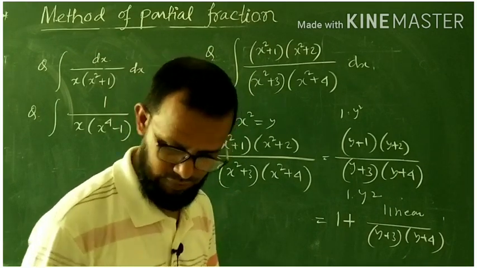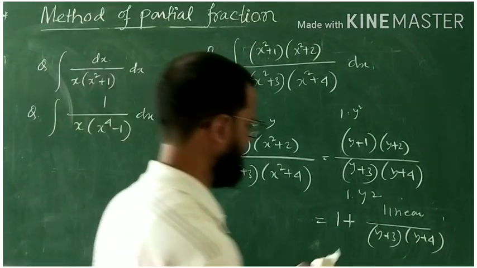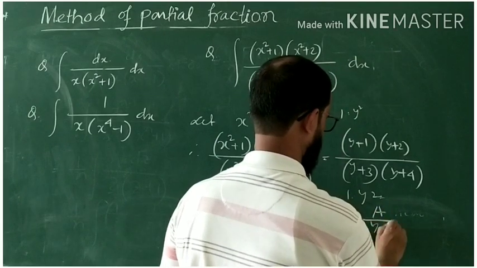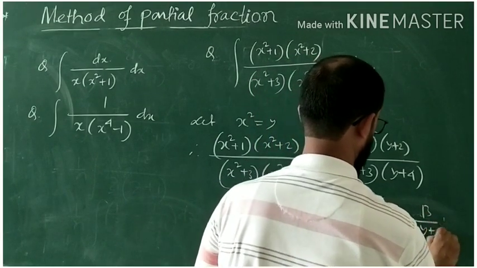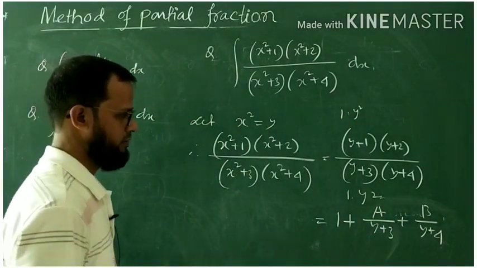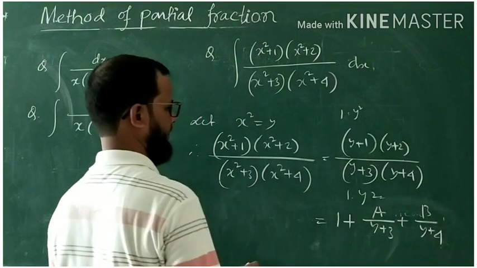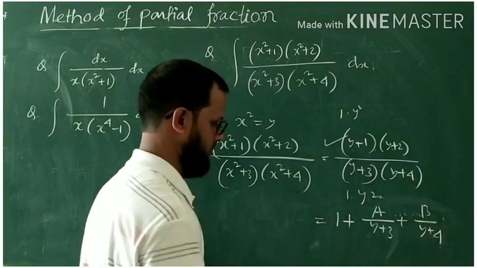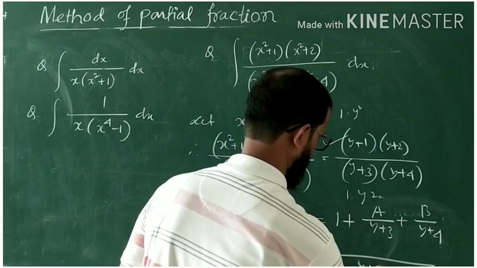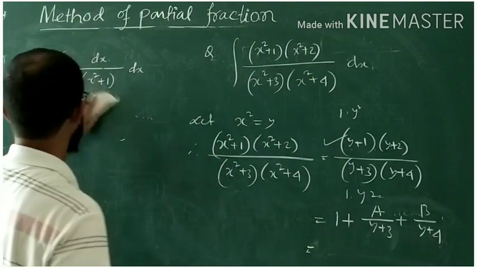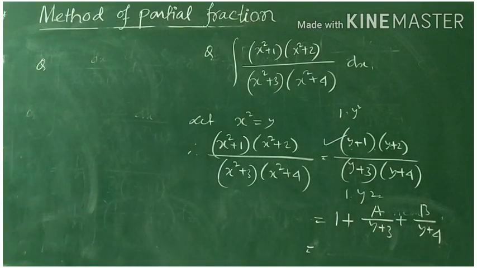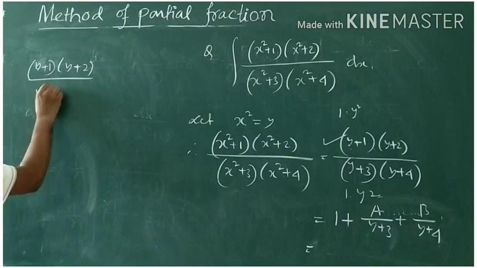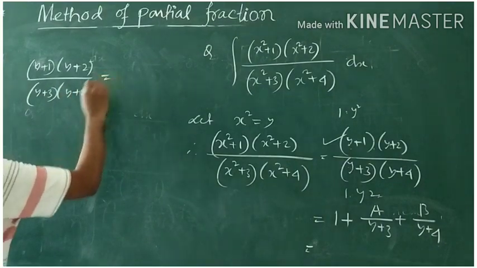आप लोगों को पता है, which will be what? This expression can be written by the first rule, A by y plus 3 plus B by y plus 4, ठीक है। इसमें numerator क्या है? y plus 1 into y plus 2. और उसमें LCM ले जाए, 1 को छोड़ के, y plus 3 into y plus 4. फाइनली LCM लेने के बाद क्या होगा?